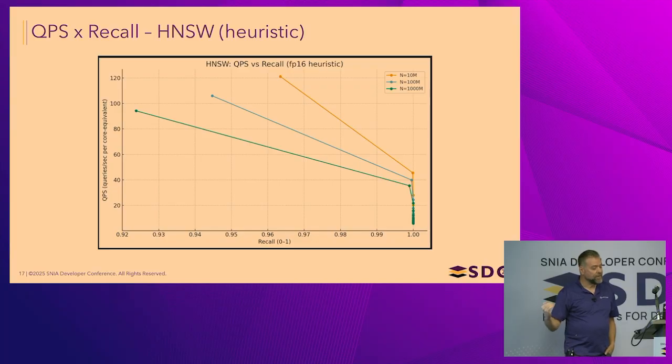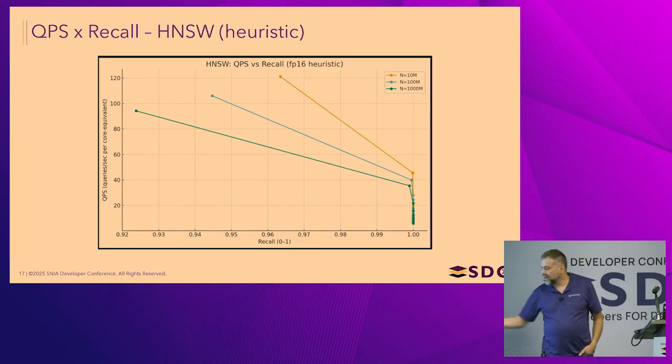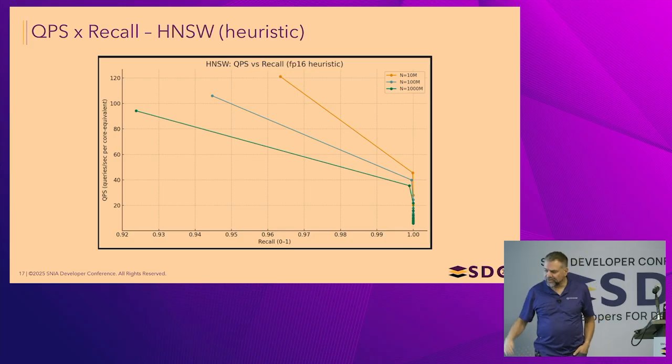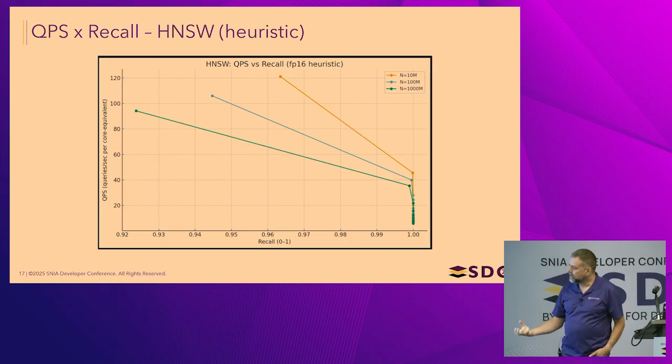The higher your recall, so the better quality you have, the lower queries per second you have. Again, this is just how it is. And then the number of vectors: we're talking 10 million, 100 million, and a billion vectors. Those also influence how fast and how well you can query.